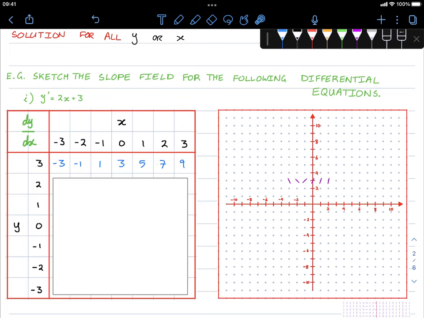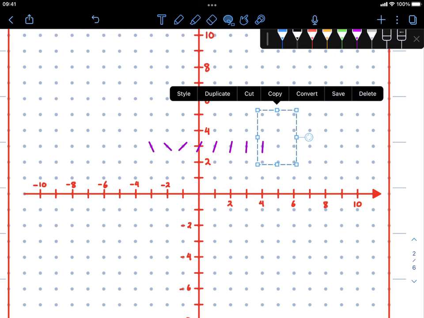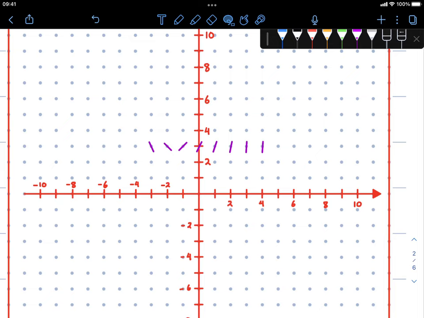It's really, really steep now. So let's duplicate this. I hope you can see that there's a pattern happening, that the further to the right it gets, the steeper and steeper it gets. Eventually it's going to look almost indistinguishable from a vertical line. But we know that it's not a vertical line, it's just getting very, very steep.